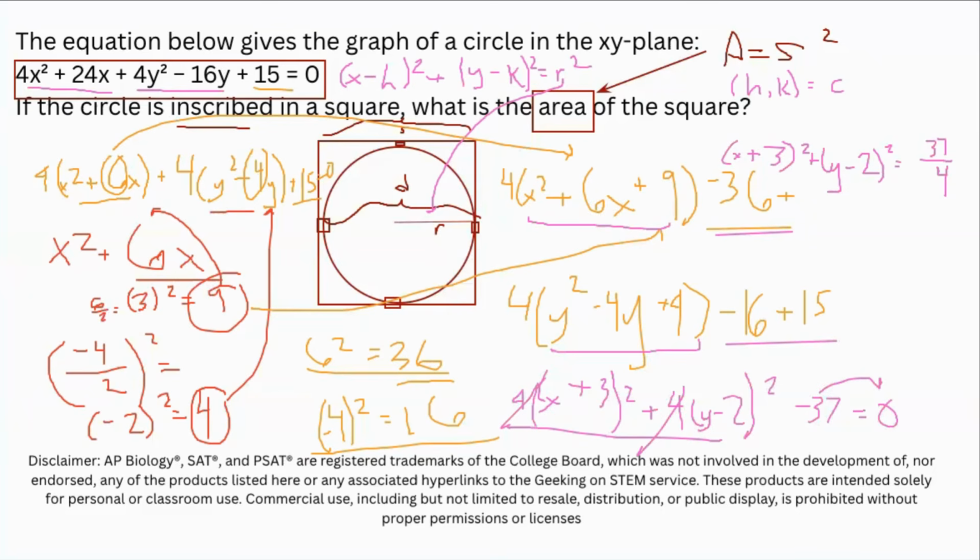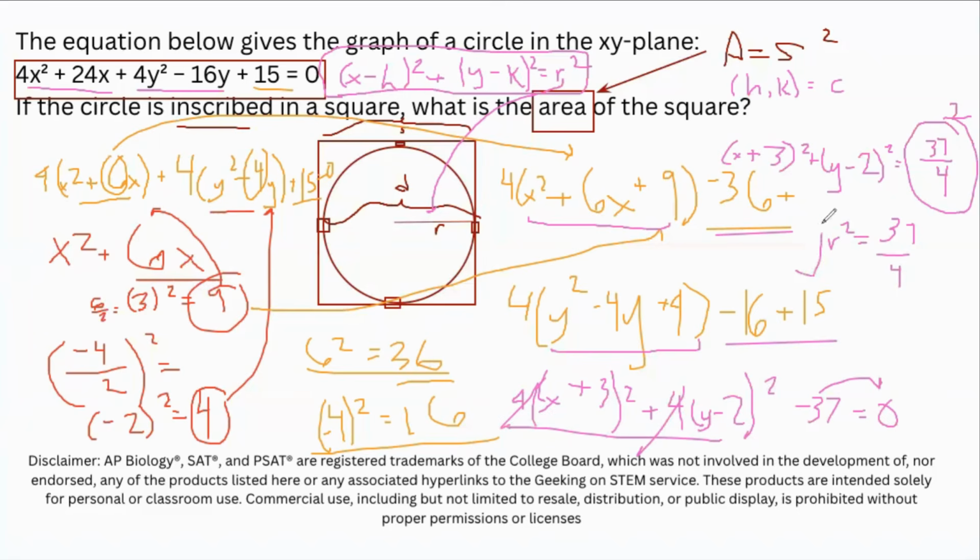Now we have figured out our radius squared. Remember, we're getting it back to this form. We basically said x minus h squared plus y minus k squared equals 37 divided by 4. So we're basically saying r squared equals 37 divided by 4.